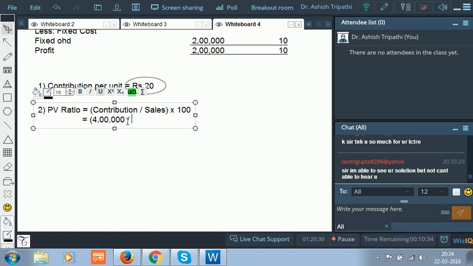divide by sales. Let us see, sales is how much? Sales is 10 lakh into 100.